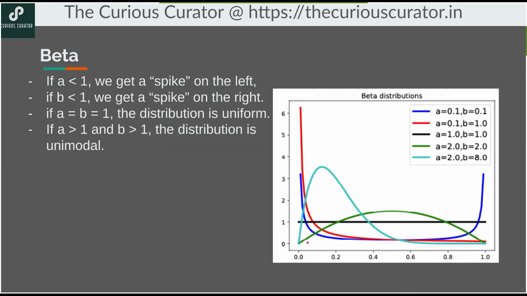Because if it's very close to 0, then the probability of one event is very close to 0. And if it's very close to 1, then the probability of the other event is very close to 0. Right? So if A is less than 1, it promotes sparsity of one kind of event. If B is less than 1, it promotes sparsity of the other kind of event. And if both of them are less than 1, it promotes sparsity of both of the events.